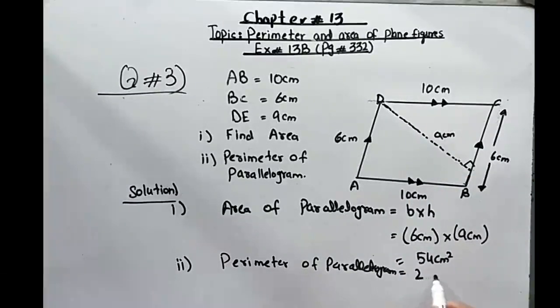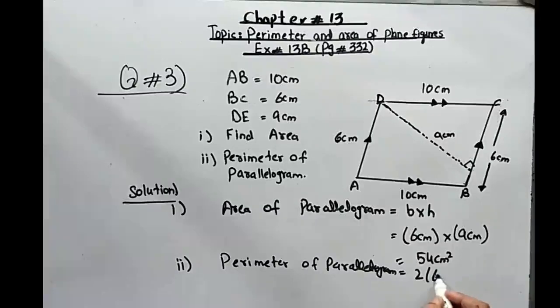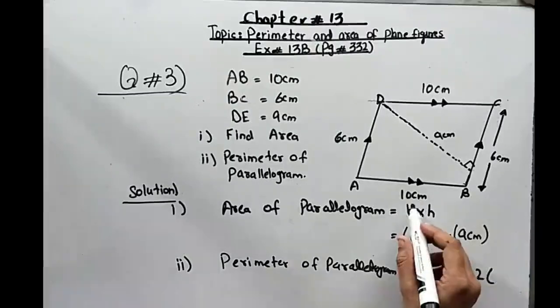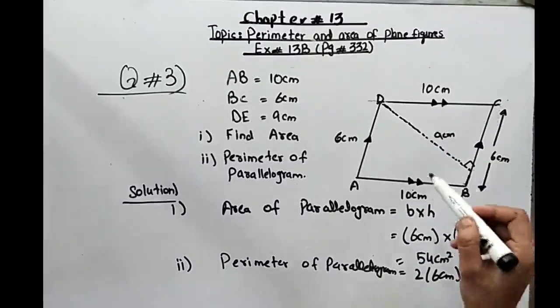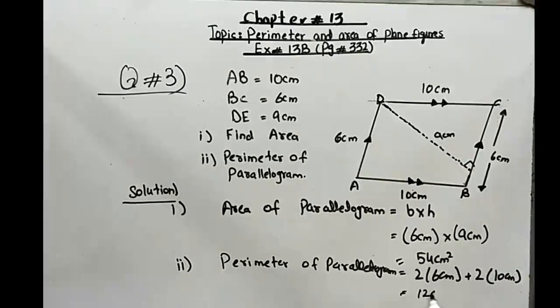So we will multiply 2 with the first parallel side, it means 6 centimeter, then plus 2 will multiply with the second parallel side, this side, 10 centimeter. There are two parallel sides of each. It means we will multiply 10 centimeter with 2 and 6 centimeter with 2. So 2 6s are 12 centimeter plus 20 centimeter. So 20 plus 12, add these two numbers and find out the answer, and that will be your final answer for the perimeter of the parallelogram. Got it, beta? Okay, now practice these questions in your notebook. Thank you.